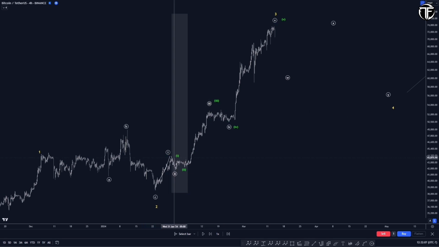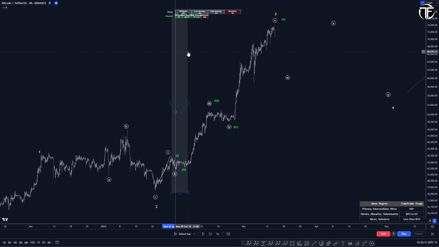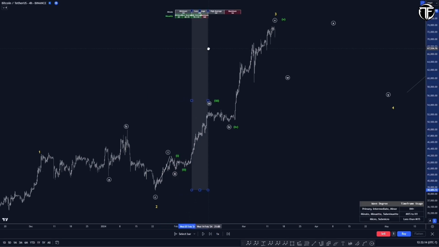So we're going to place it at the end of this structure in the beginning of a new structure and follow it. So we would expect it to end somewhere around this area right here, which is once again pretty much what we got. Once it reached this area, this average area of completion, we got that change in the trend.